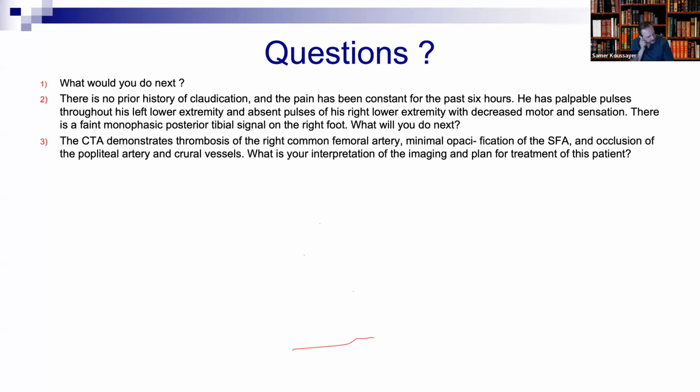Then I will give therapeutic heparin, 800 international units per kg, until the activated clotting time is 250. Then ACT.